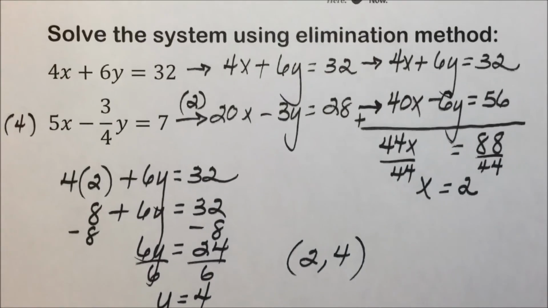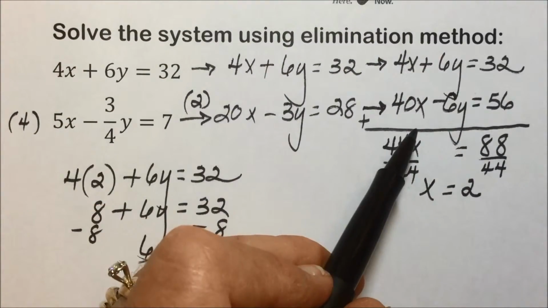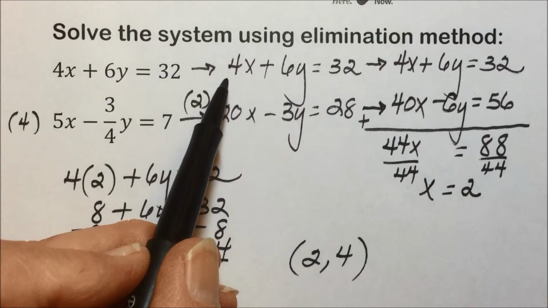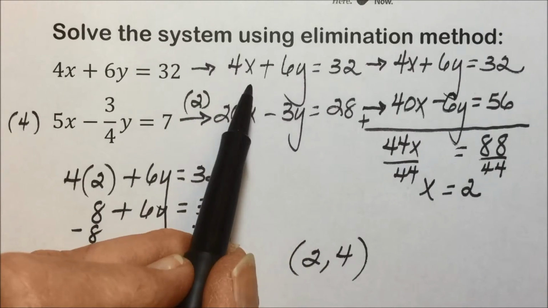I should mention, before I go on, we were doing multiplication all along, but we also can maintain equality by dividing. And if you look at this original equation, each one of these terms had a common factor of 2.